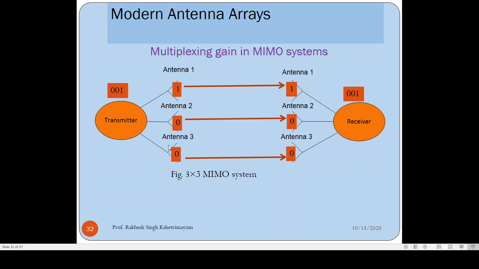So this will be a 3-port antenna array. The antenna array here is no longer a single-port antenna array. It is a multi-port antenna array, and I want all the antennas to behave differently, that means independently. There should be minimum correlation between antenna 1, 2 and 3.